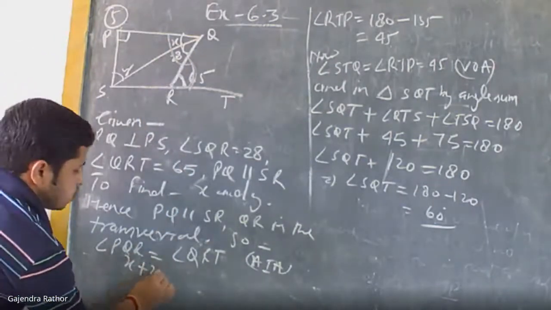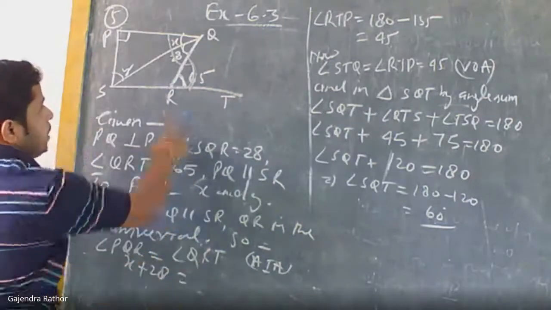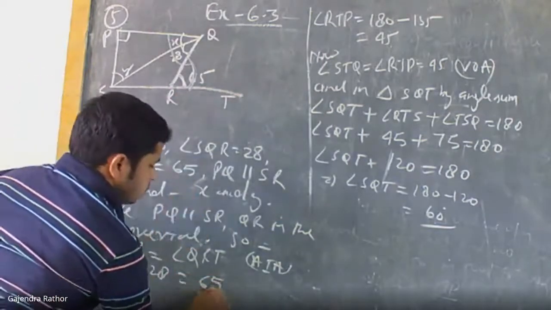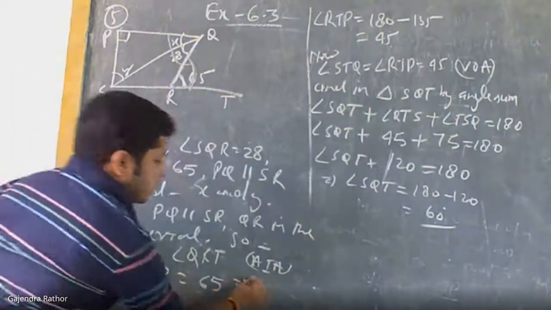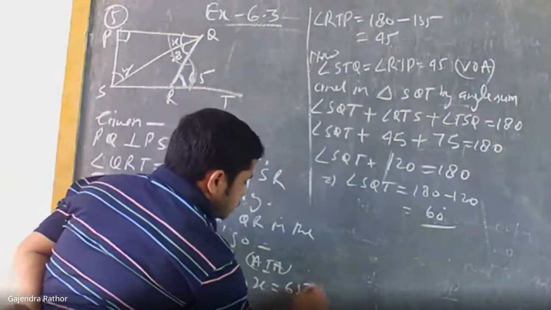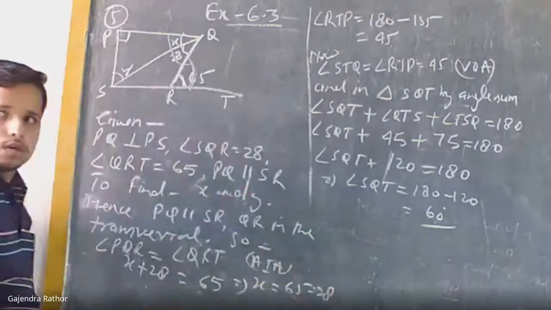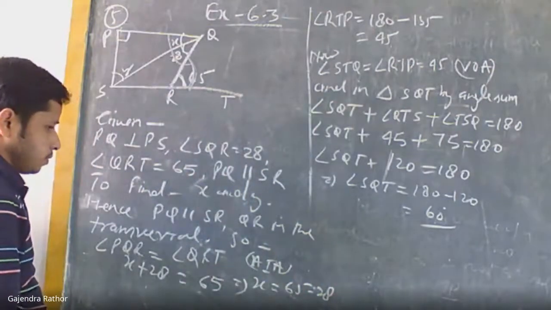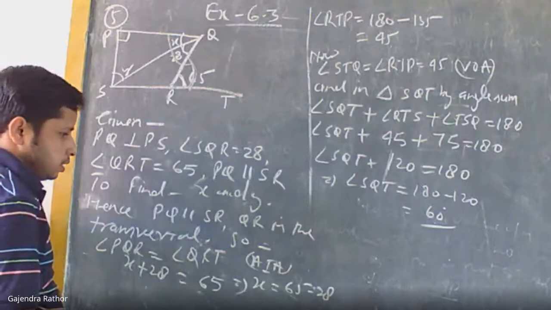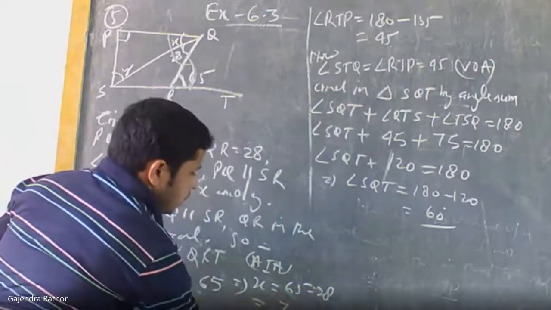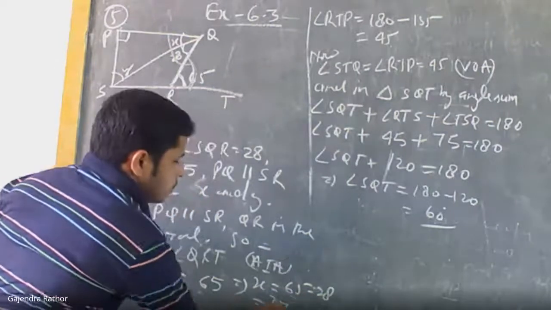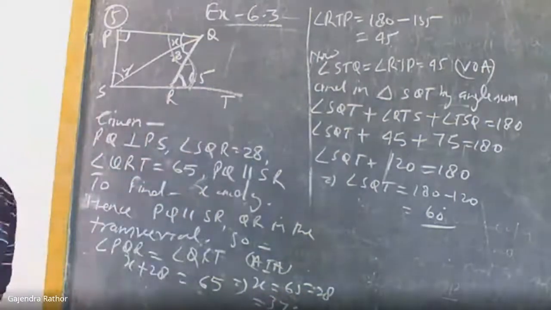So x plus 28 is equal to QRT, which is 65. Transfer 28 to the RHS, remaining x is equal to 65 minus 28. What is the answer? So the value of x is 37.